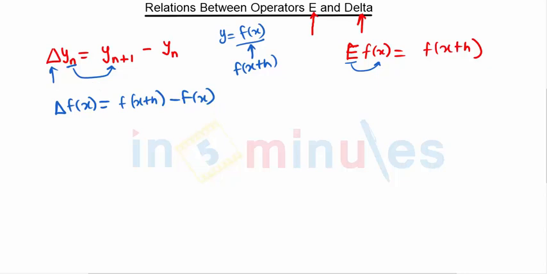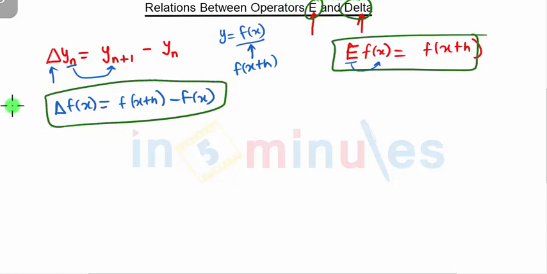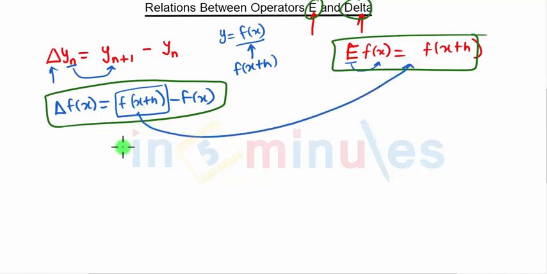Now we will find the relationship between the operator E and delta. So we have these two equations. From this equation we will get f of x plus h, and we are going to substitute this f of x plus h in this equation. So we will get delta of f of x minus f of x equal to f of x plus h.